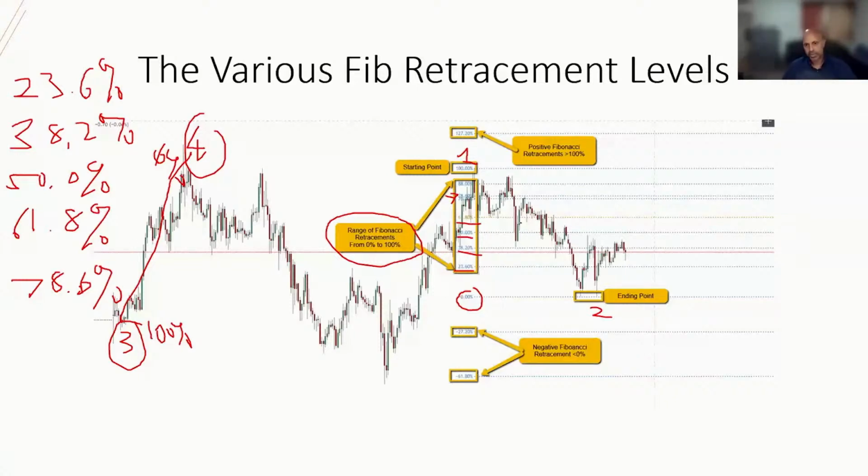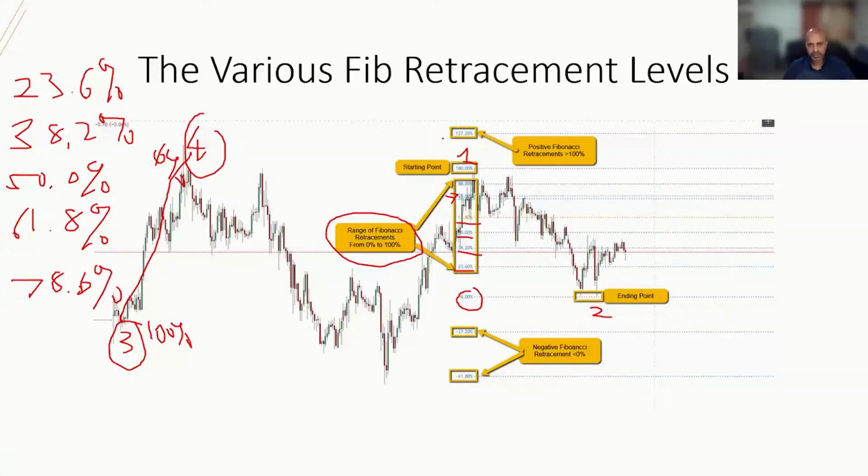Now, in this example, we're also showing Fibonacci levels that are greater than 100% and lower than 0%. The negative retracement levels, the key levels at the negative side, are negative 27.2% and negative 61.8%. We'll touch on this a little later.